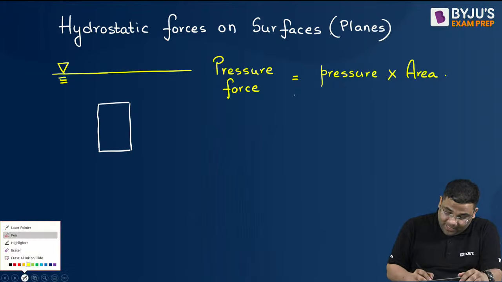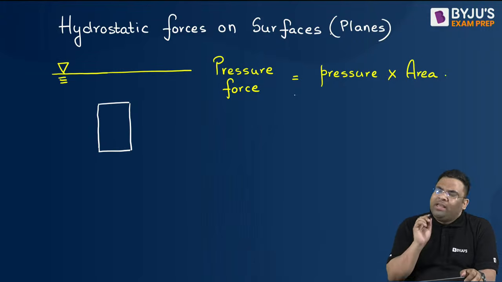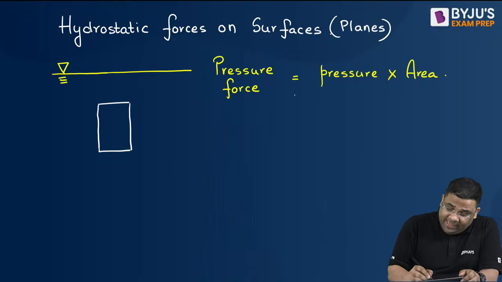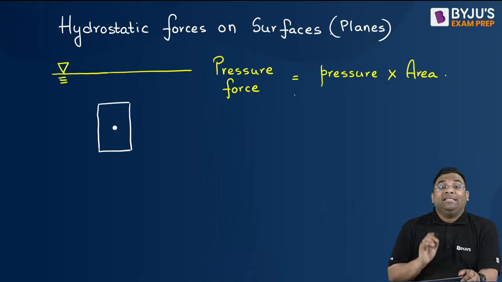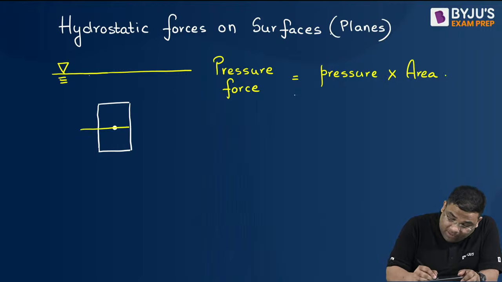Now pressure is different at different points, so where will I take the pressure? I will take the pressure at the centroid of this particular area. So this is the centroid, and suppose this is the depth of the centroid, which I am giving as h bar.